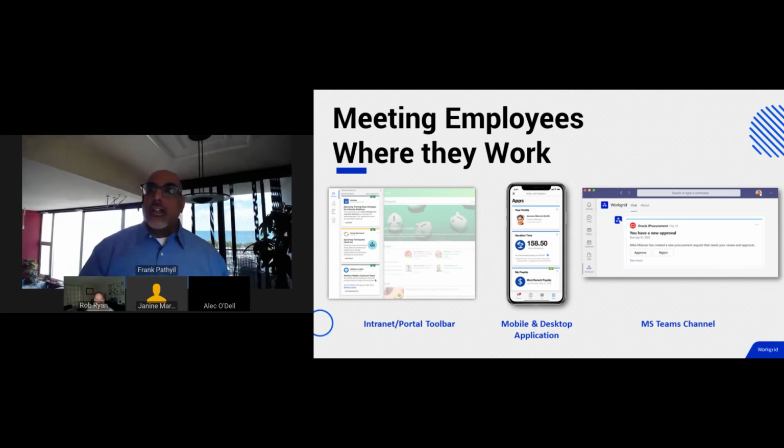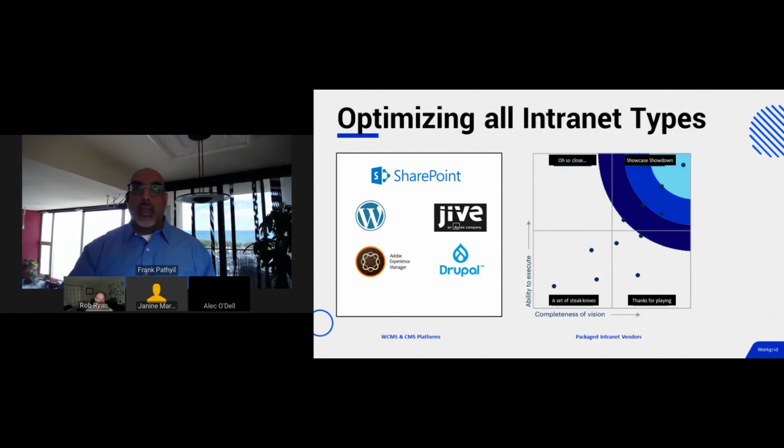All right, so let's talk about where we can meet employees where they're working. I think this is an important component, because we are seeing a lot of people pushing to Teams, but the intranet still matters. And there are lots of intranet vendors still in play. If you're reading waves or looking at quadrants, every analyst is talking about this. The intranet, Rob, you agree?